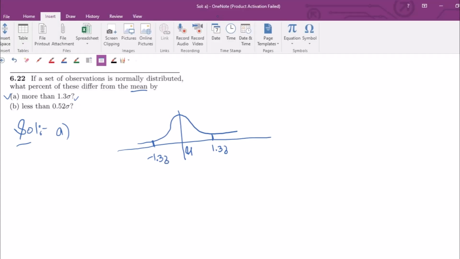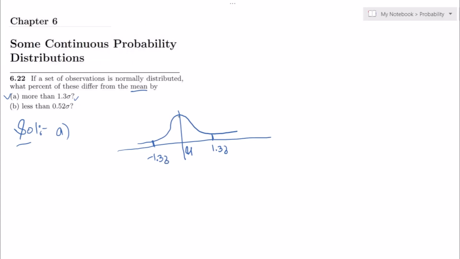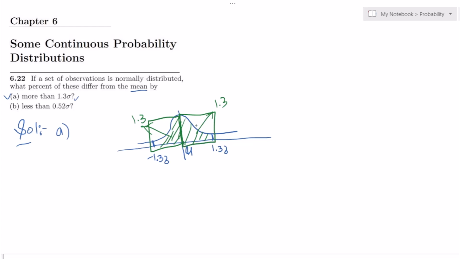Both of them are 1.3 sigma away from the mean. So we have to consider both of them here. Both of these sides will be included, because in finding the distance both of them are included.